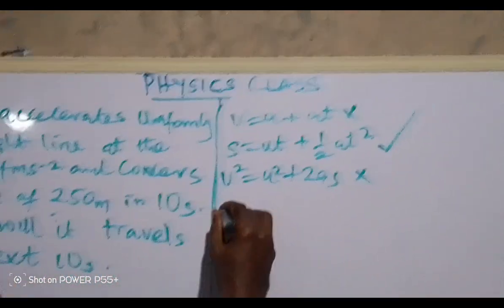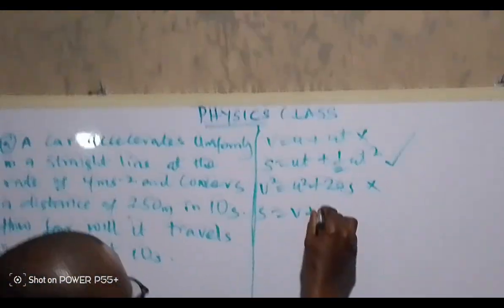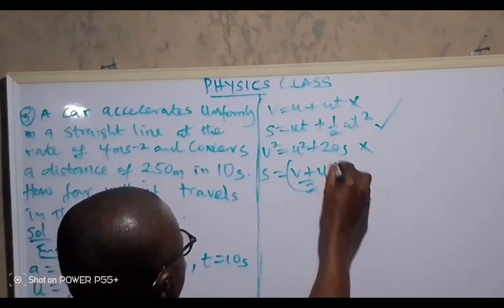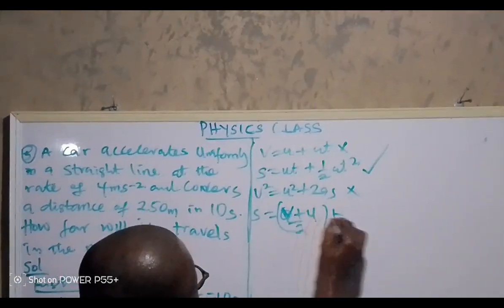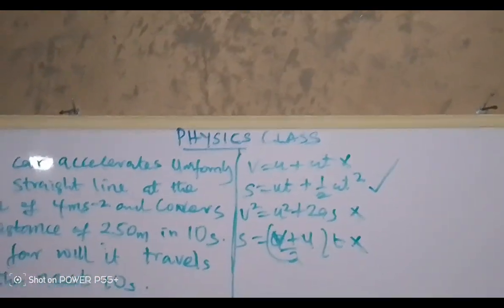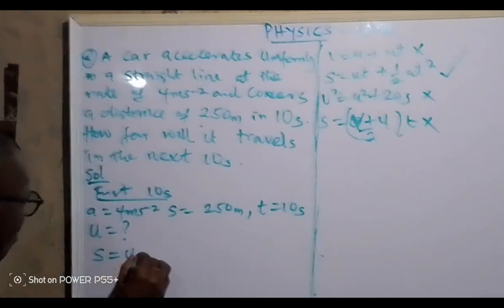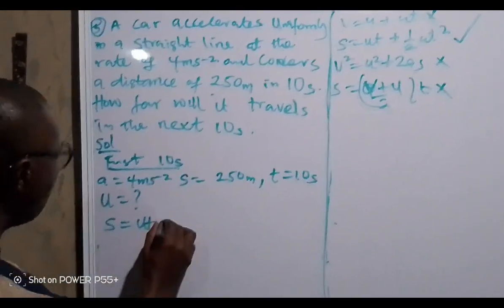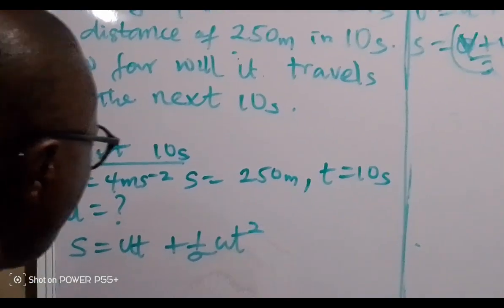The additional one, s is equal to (v plus u) over 2 times t, also cannot work because of the v. So we have only one equation, which is s is equal to ut plus half at squared.